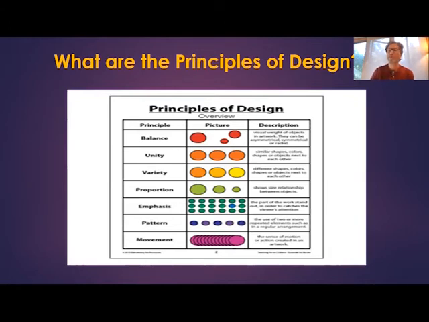Variety. Variety can be the difference between different colors, different sizes of shapes, different kinds of shapes, different sizes, small to big. It's how these things together look and what they represent. So the contrast found within an artwork says a lot about each thing individually. Proportion.